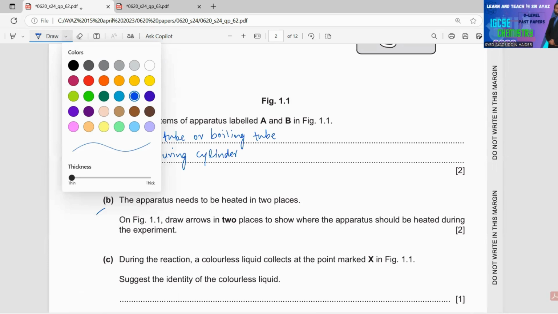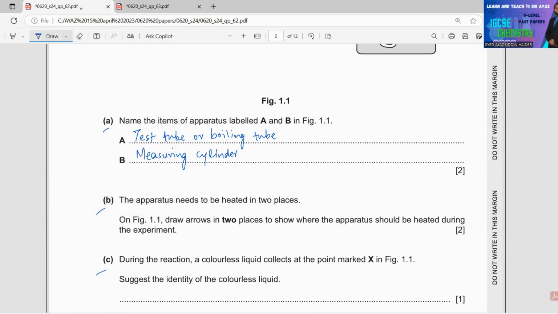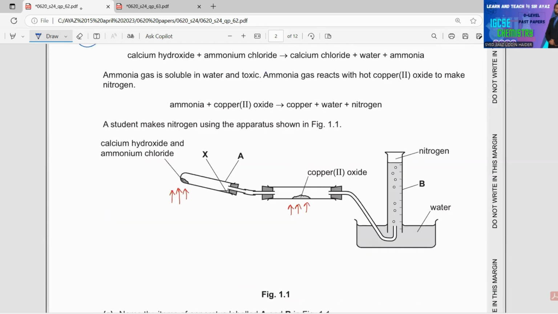Moving to next part, part C. During the reaction, a colorless liquid collects at the point marked X in figure 1.1. Suggest the identity of the colorless liquid. So here we are getting colorless liquid. It's coming from the reaction between calcium hydroxide and ammonium chloride.